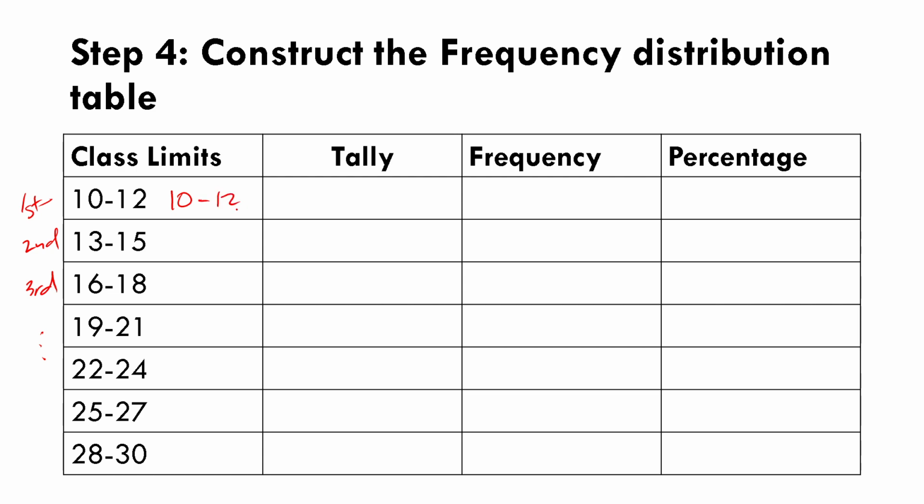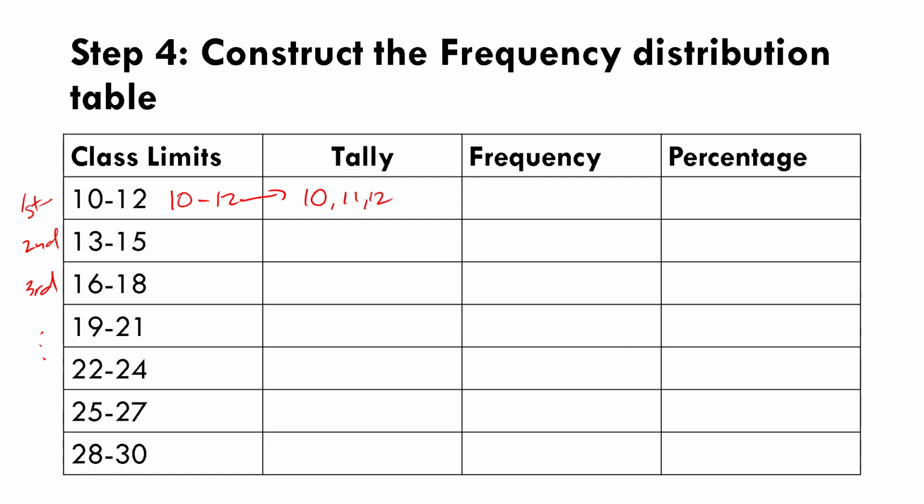Now, question, why is it minus 1, sir? It is minus 1 basically because if you separate these values, we actually have 3 numbers inside this specific interval. So we have 10, 11, as well as 12.